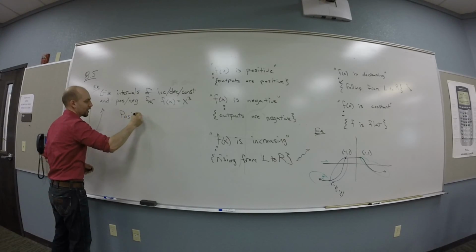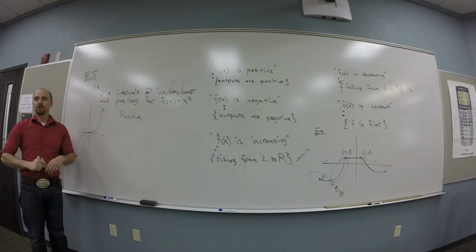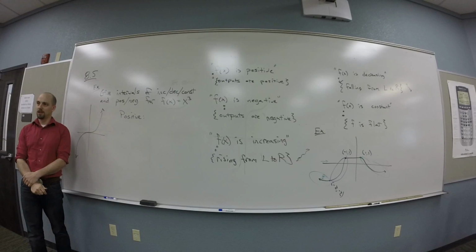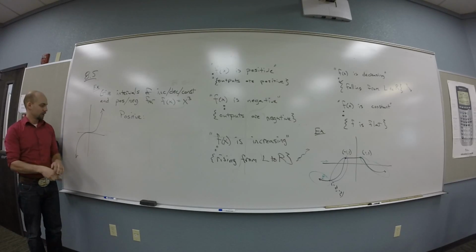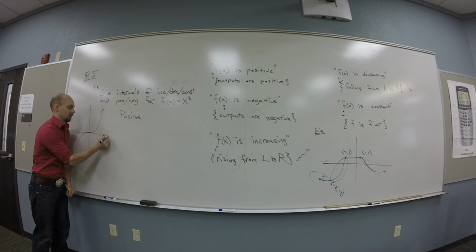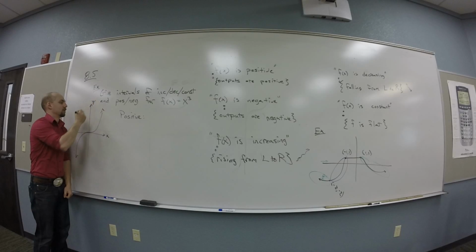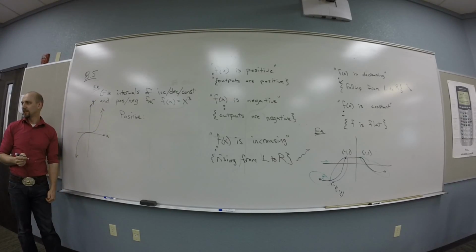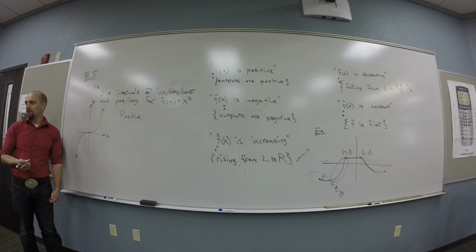So I want to know when this thing is positive. So positive means that the outputs are positive, right? So where are the outputs on this picture? Which axis is the output axis? Y. So what does positive y mean?